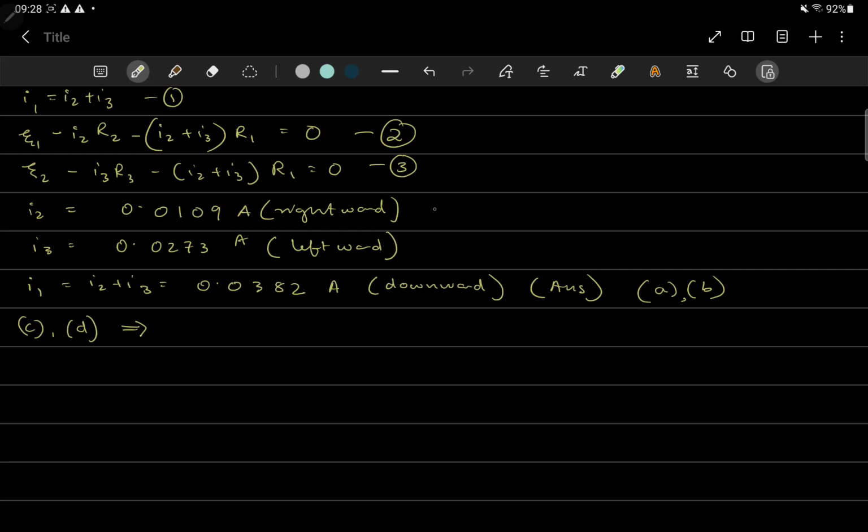So basically this is the answer to part C and D. Now the next question is E, the size and direction of the current through resistance 3, which is also something that we found as I3 over here. So this is the answer to E and F.